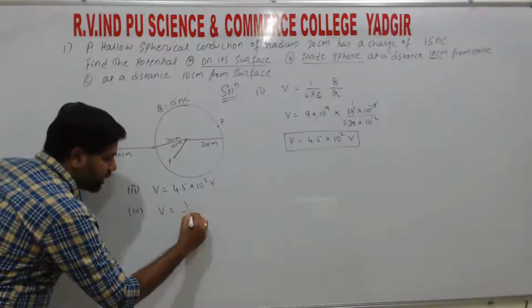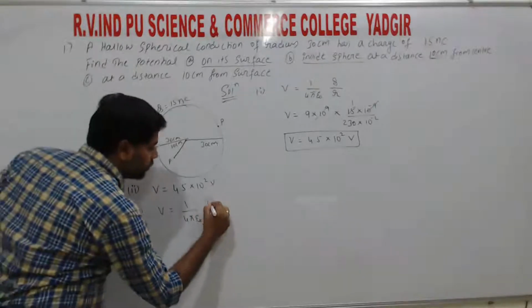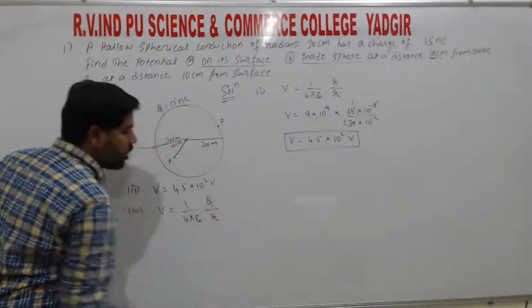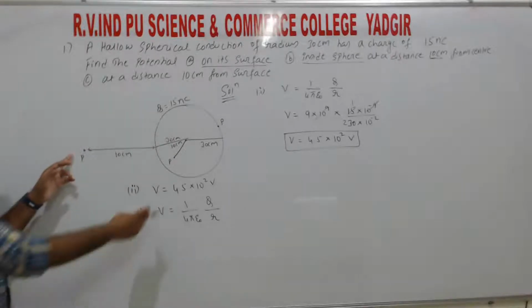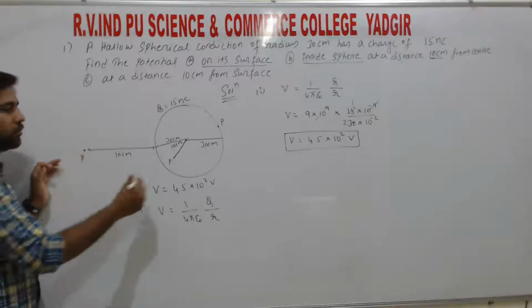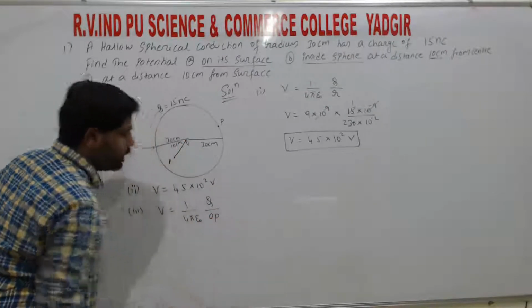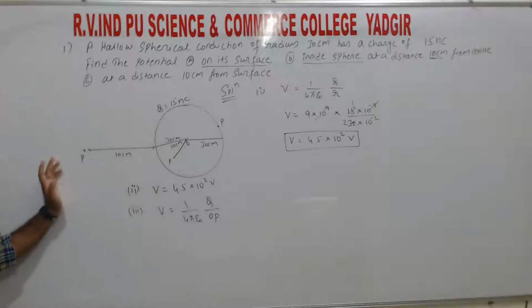potential V is equal to, again by the same formula, 1 by 4 pi epsilon naught Q divided by R, where R is the distance from the center to the point P. Calling the center O, I will write the distance as OP.